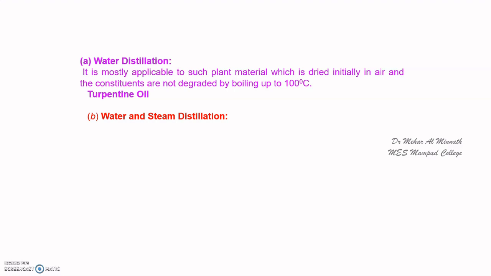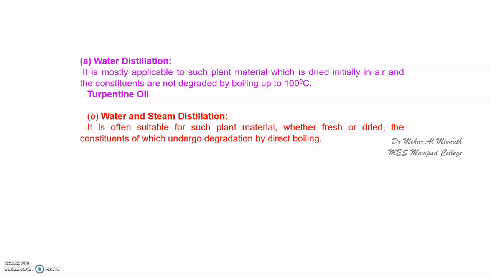Now, the water and steam distillation method is suitable for plant material which is either fresh or dried, and the constituents of which undergo degradation by direct boiling. So for such materials, we go for water and steam distillation. Clove oil and cinnamon oil can be extracted by water and steam distillation.